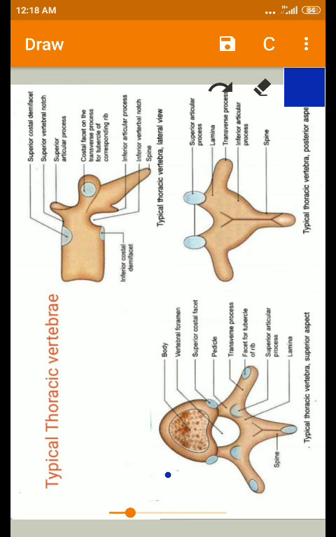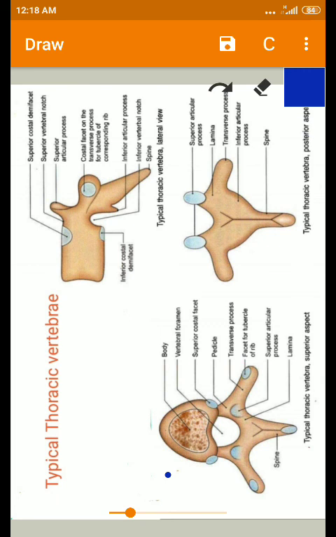The attachments to the thoracic vertebrae are the costo-transverse ligaments. We know that the tubercle of the rib articulates with the transverse process, so the joint formed here is the costo-transverse joint.